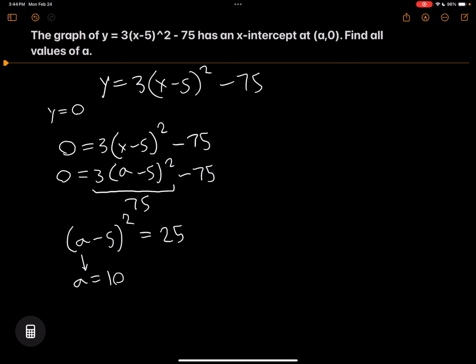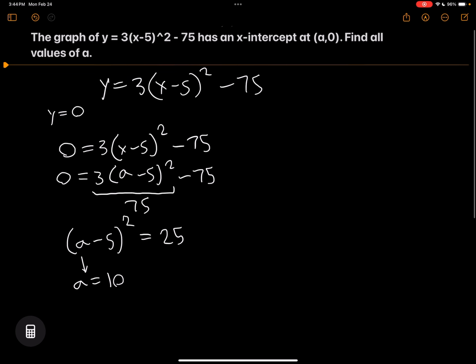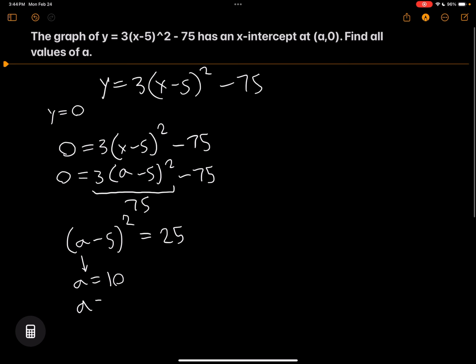In this case, our second solution is a equals 0, because 0 minus 5 is negative 5, and negative 5 squared is 25, just like with a equals 10. So we have two solutions, because you can square a negative number and get the same result as squaring the same positive number: negative 5 squared and 5 squared are the same thing.